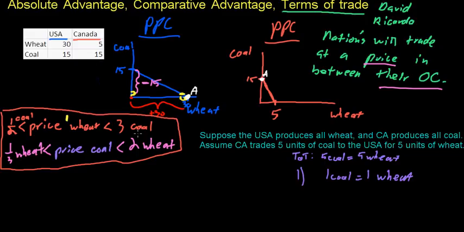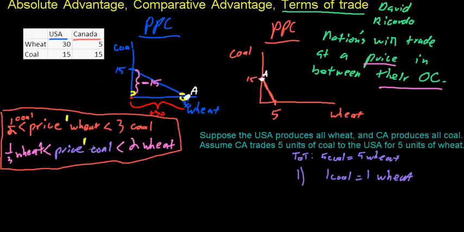So it is a good deal for the US, since the US is giving up the wheat. It is also a good deal for Canada, because Canada is better off trading 1 unit of coal for 1 unit of wheat than it could do on its own. And 1 unit of coal for 1 unit of wheat is also a good deal for the US, because it's getting coal cheaper than it could on its own.